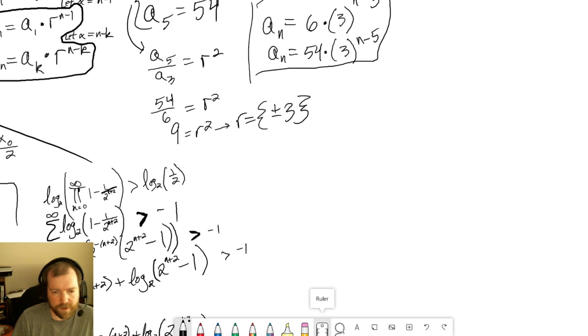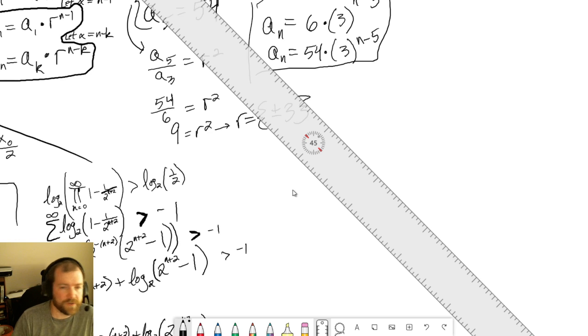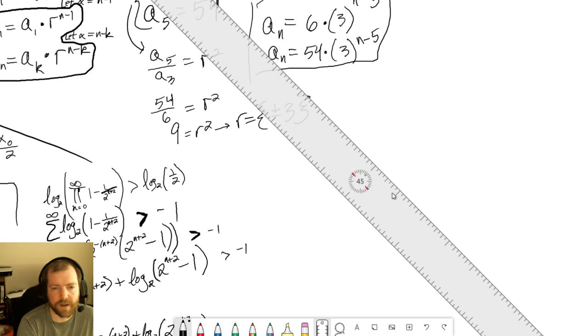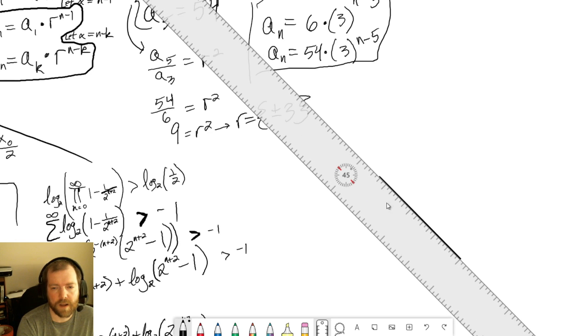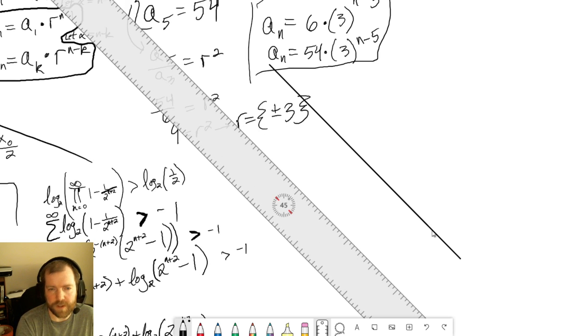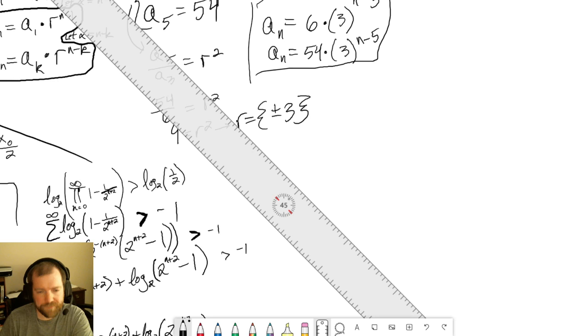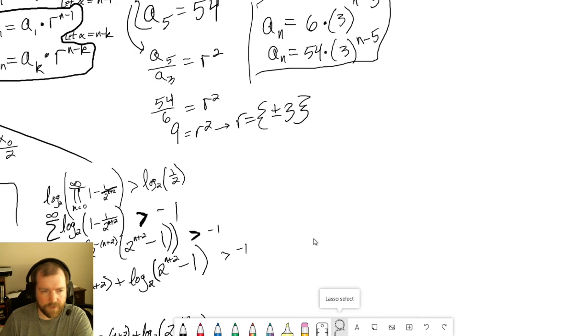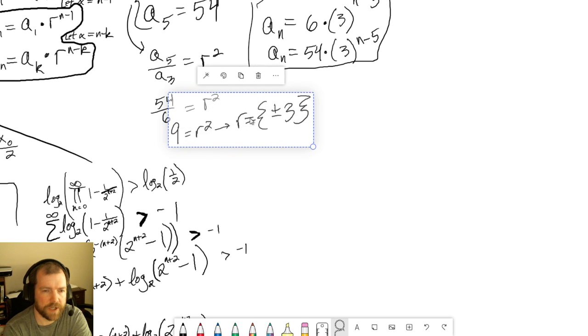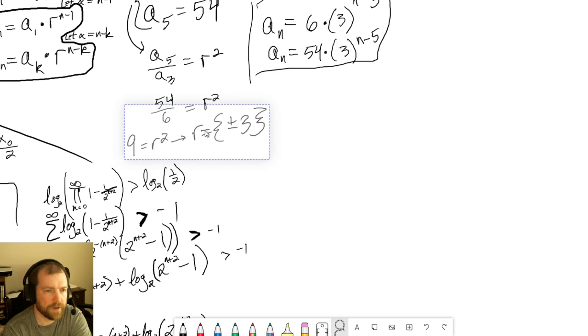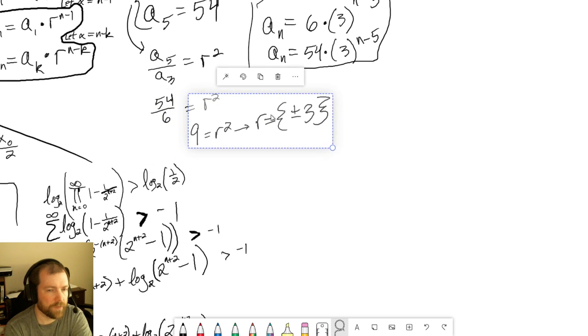Highlighter, eraser, a ruler, which is very useful, I must say, because I can draw actual straight lines instead of the BS that I try to do. And if I want to select something in particular, I can also lasso around it and move it around.